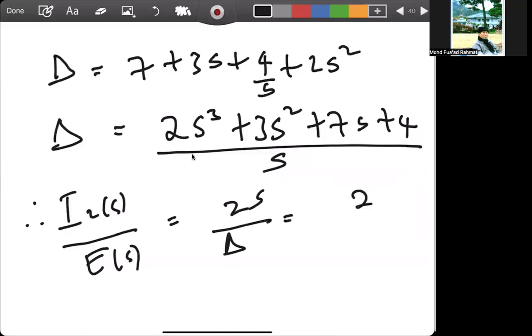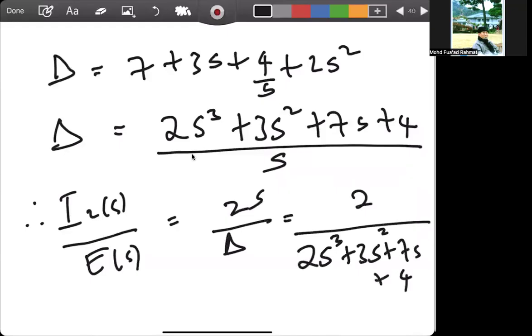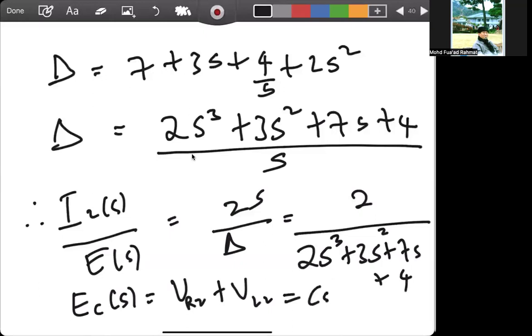So it will become, and ECS is equal to VR2 plus VL2, which is I2.